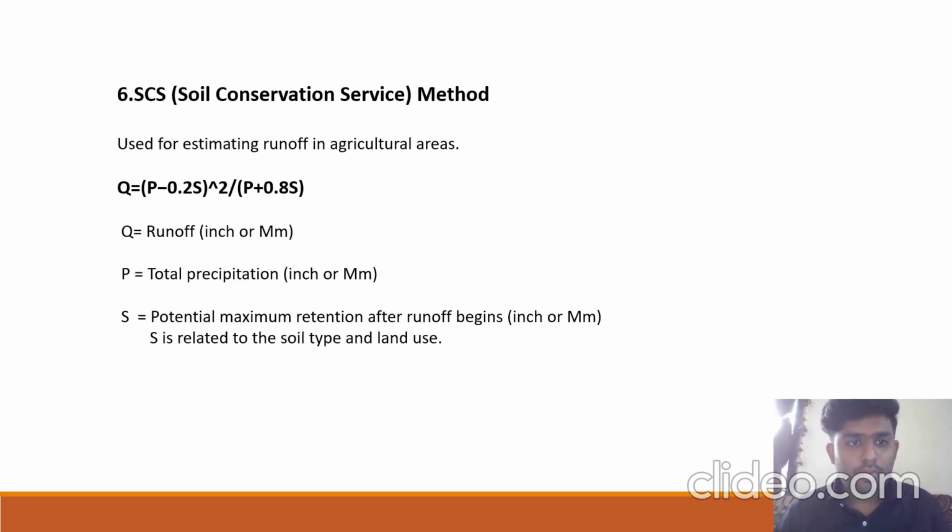The formula for SCS method is Q is equal to P minus 0.2 S, whole raised to the power 2, upon P plus 0.8 S, where Q is runoff, in inches or millimeters. P is total precipitation, in inches or mm. S is potential maximum retention after runoff begins, in inches or mm. S is related to the soil type and land use.